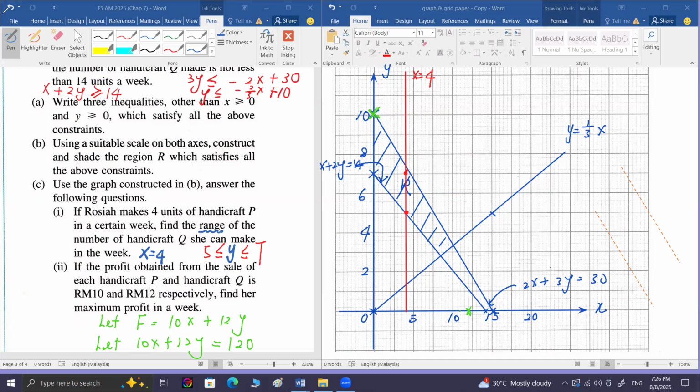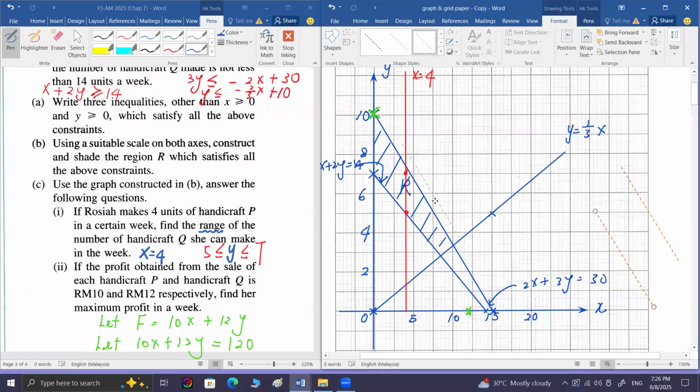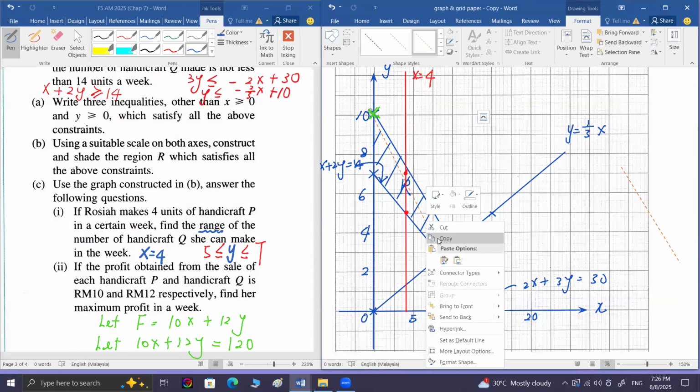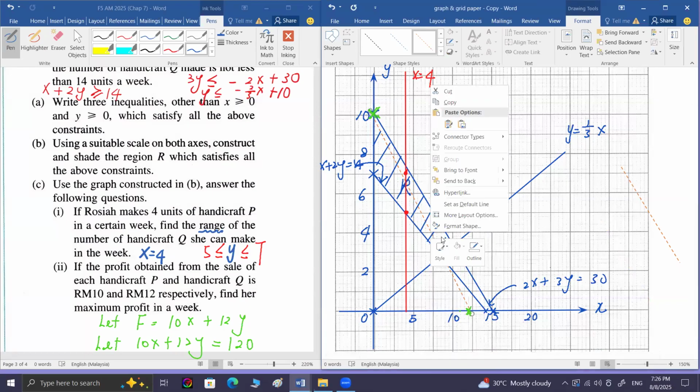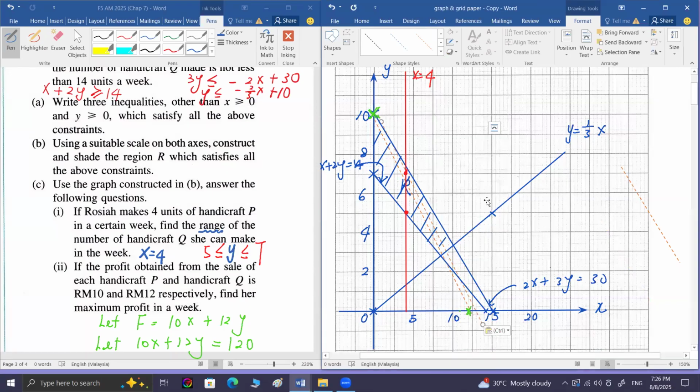Okay, this line is for you to shift because you also get the maximum profit. So it's like just now, class. Okay, I draw this line. Then shift it to the maximum.